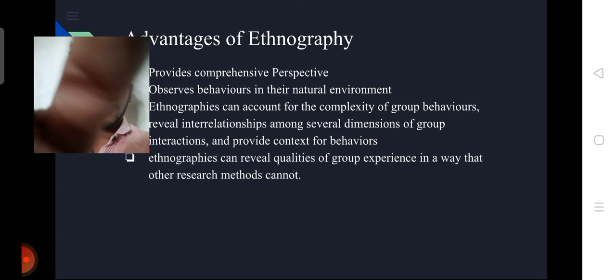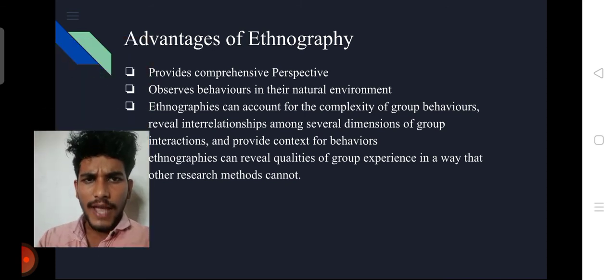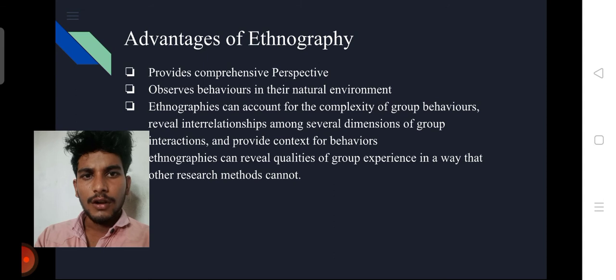And advantages of ethnography. Ethnography has several advantages. It provides a very brief and clear understanding of a particular culture, and it gives comprehensive understanding, and it makes us aware about a particular culture, like the beliefs, the rituals, the kind of practices they do on a daily basis.